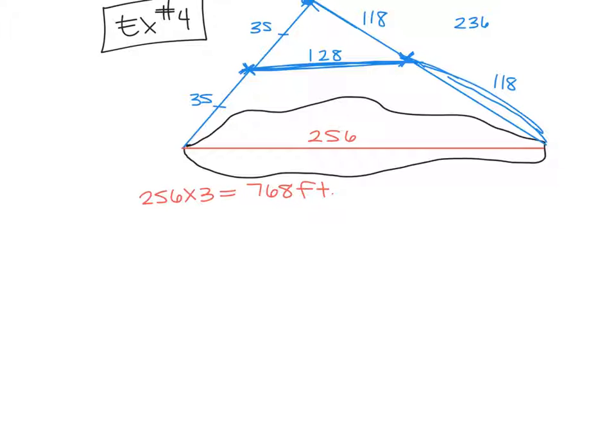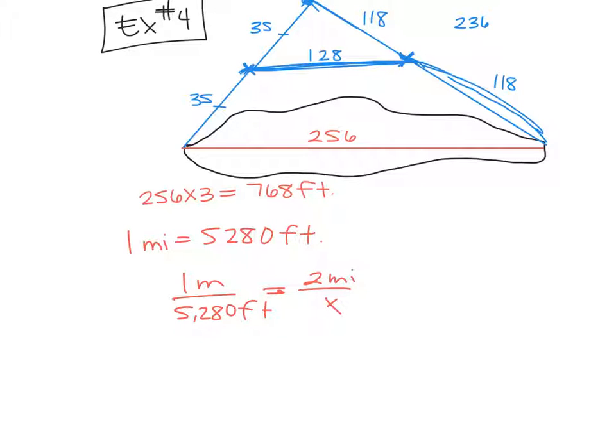So, if we want to convert 768 feet into, or figure out how many of those we need for 2 miles, we know that 1 mile, you won't have to do this, by the way, I'm just going because I gave you a number. 1 mile is 5,280 feet, right? So if I want 2 miles, then you got to take that 768. So you could say 1 mile is 5,280 feet. So 2 miles is how many feet, right?